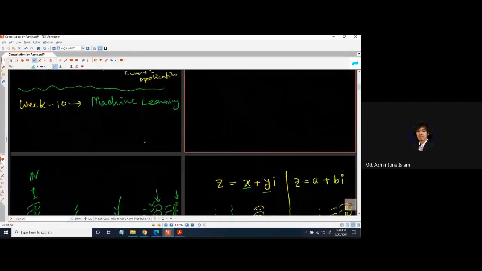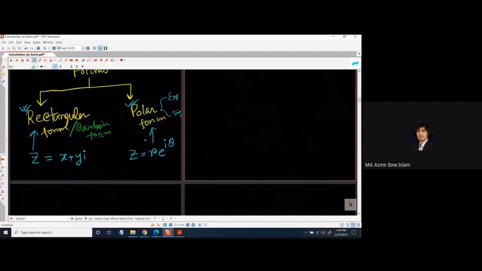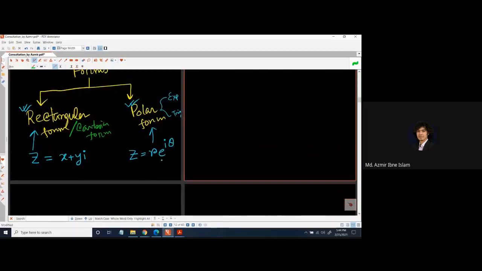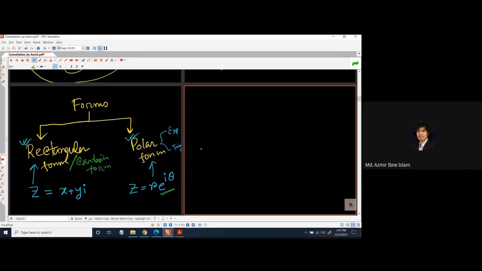You can see that here we have e power i theta, so e with exponent i theta. This is the exponential form. And you probably know that e to the power i theta is equal to cosine theta plus i sine theta.